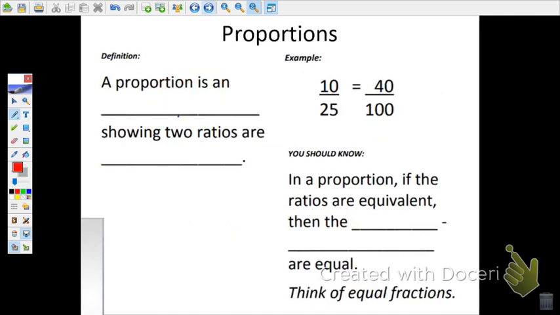Then proportions. A proportion is an equation, and we just finished up our unit on solving equations. We're going to continue to work with equations because we're working with proportions. So a proportion is an equation showing 2 ratios are equal.